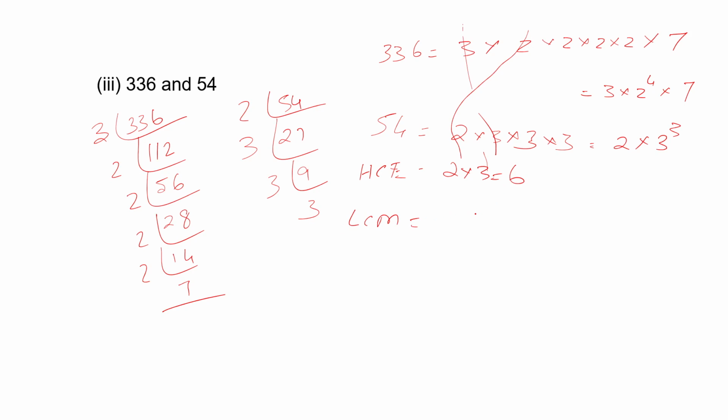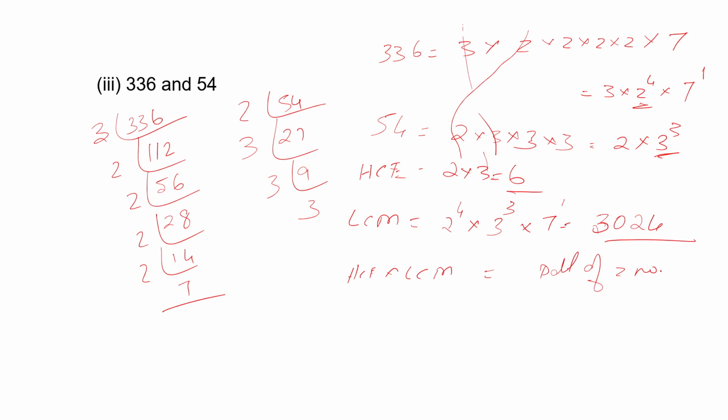LCM is equal to highest power. What is the highest power of 2? 2 power 4. What is the highest power of 3? 3 cube. And what is the highest power of 7? 7 power 1. So if you multiply all this, you are getting 3024. Okay, I am not showing the multiplication. Please multiply. Okay, so you got the HCF, you got the LCM. So what you have to prove? HCF into LCM is equal to product of two numbers.